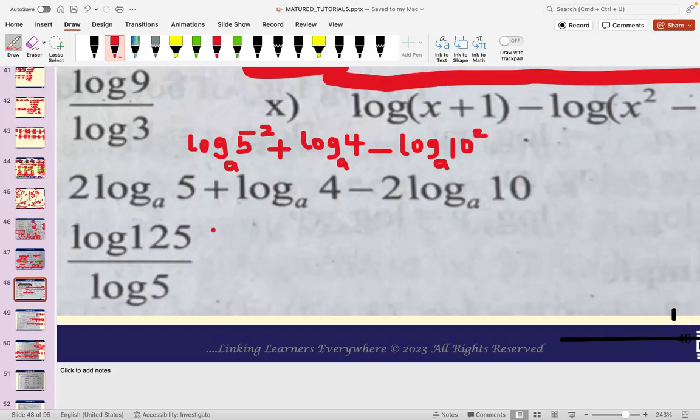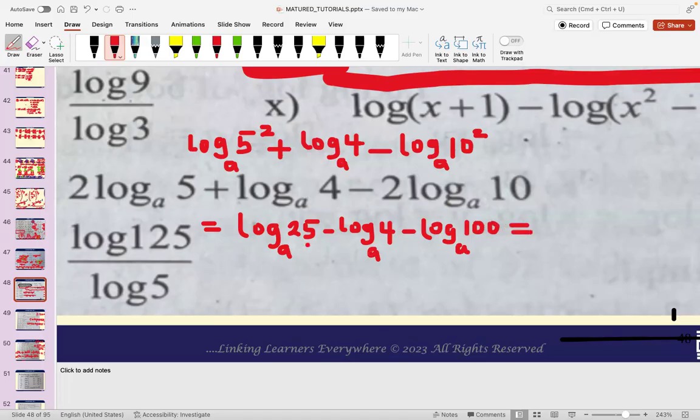Okay. Now let's simplify it. So this will give us log A 5 squared will give us 25, minus the second term, we will still maintain it. No work to be done on it. Log A 4, minus the last term, we have log A 10 squared is 100.